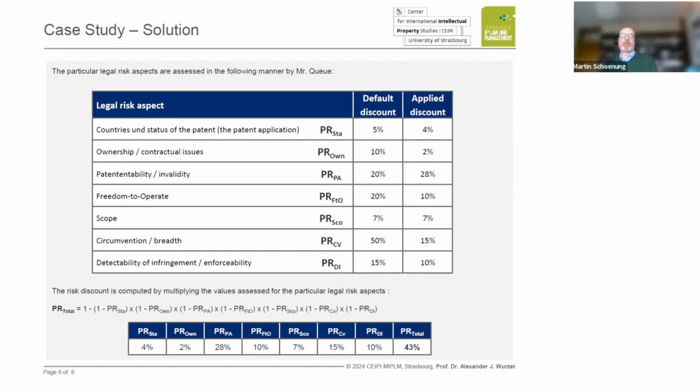The patentability and invalidity: with regard to patentability, it's about the chance that an application gets granted, or with a view on invalidity, whether a patent in force can be invalidated by a third party.